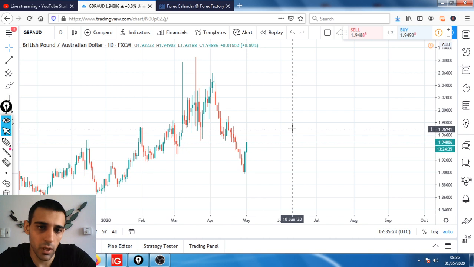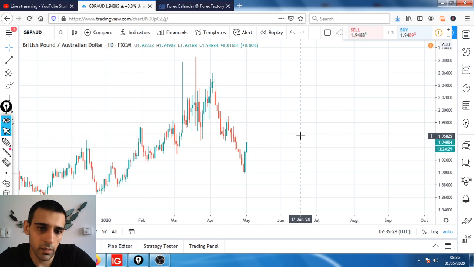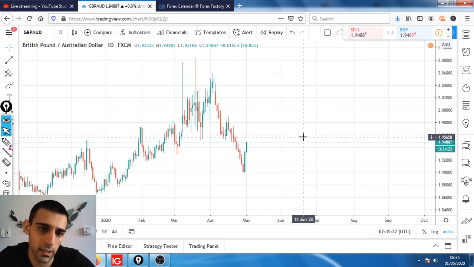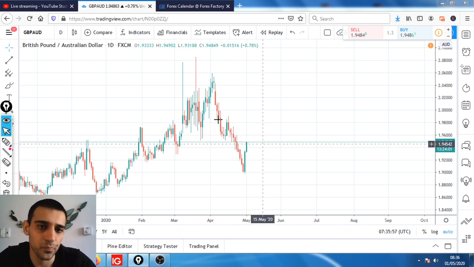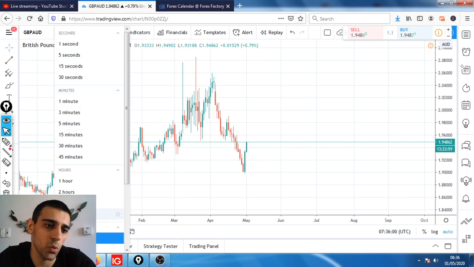Just a question of how far it's going to go. We have this area here at 95.80 as the next potential resistance, or 95.70 roughly speaking. We've got these lows down here as well, so that could act as resistance. Let's go to the shorter time frames.